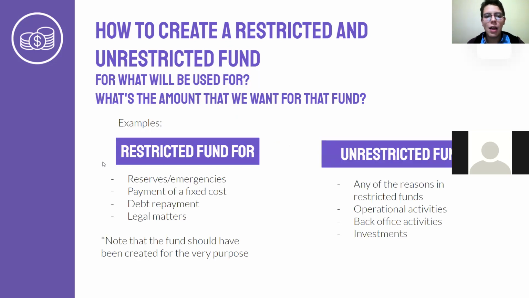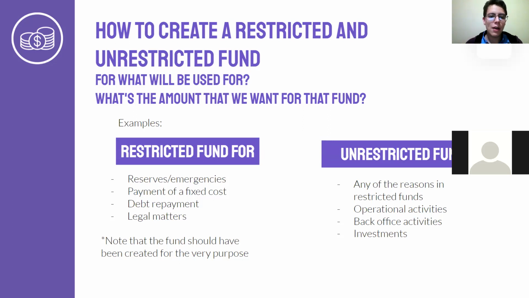Here are some examples for restricted funds. The purpose could be reserves, an amount specifically for emergencies. Another could be for paying a fixed cost, like the entity's affiliation fees.